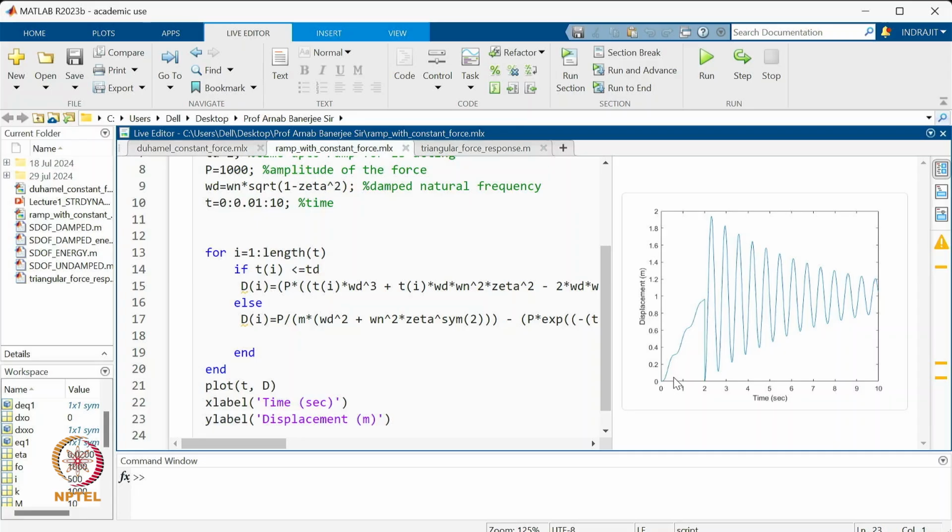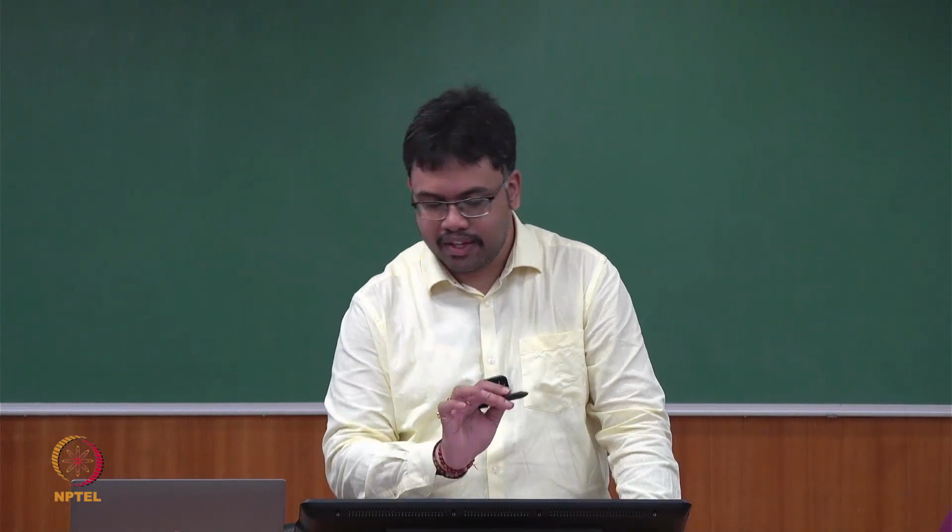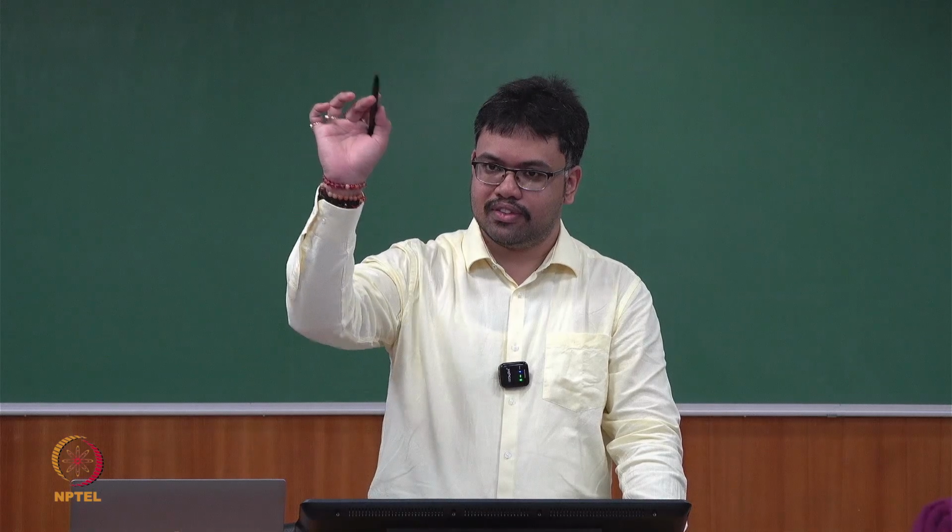Also, if you have only a static problem, it will increase in a straight line, because force versus displacement, stiffness is constant and force is increasing, so it will increase linearly. But here you see it is not increasing linearly, rather it is changing, and it goes to that point.